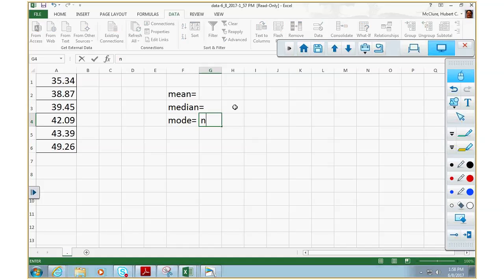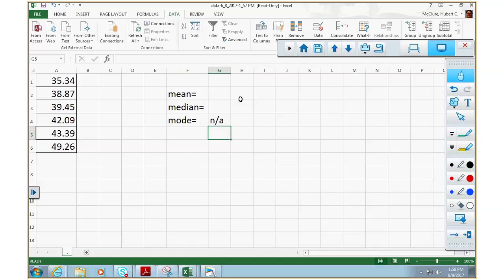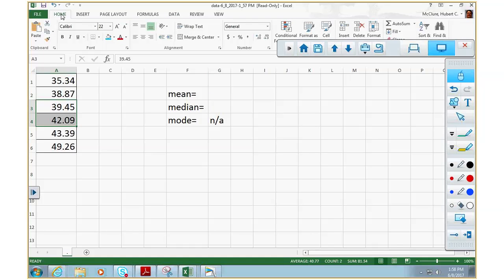Very, very hard to have a mode with decimals, unless you're talking about tolerances of bolts. I don't see a mode, do y'all? Median is going to be equal to these two numbers. So equal to, it's parentheses, this divided by 2.